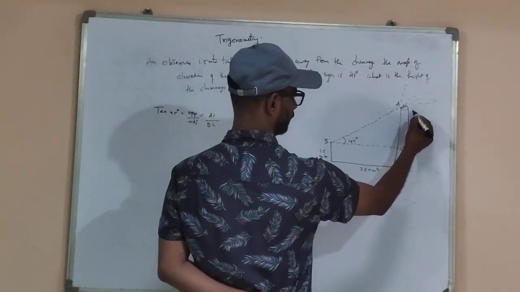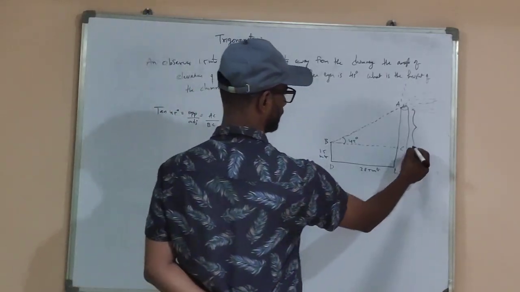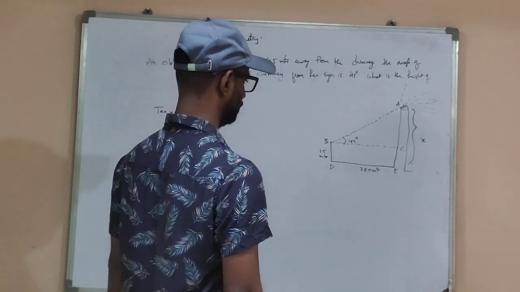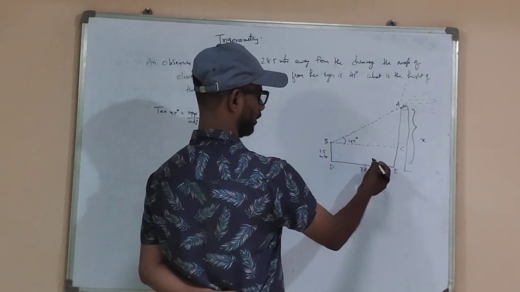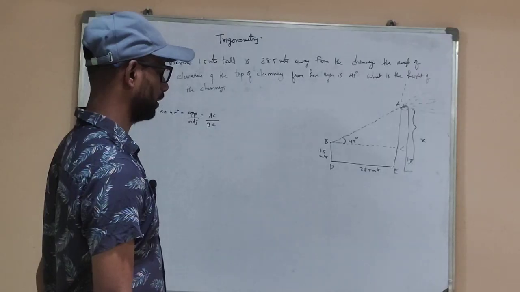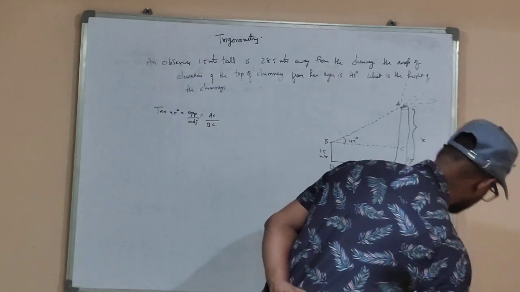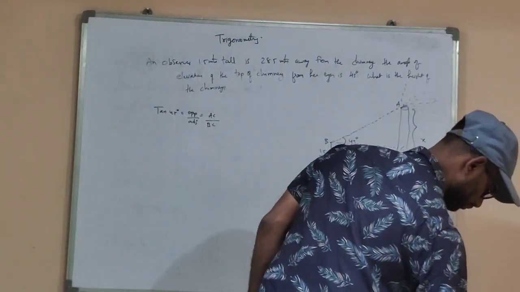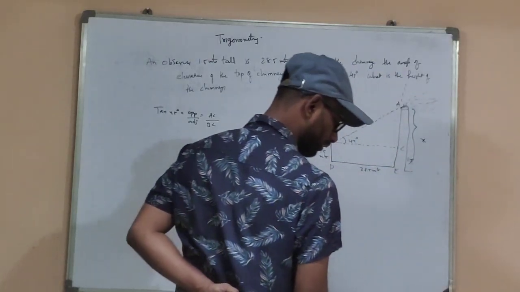We can take the total height of the chimney as x, and if we remove the height of the person, which is 1.5, then what happens here? Or you can take it as AE. AE is 28.5.